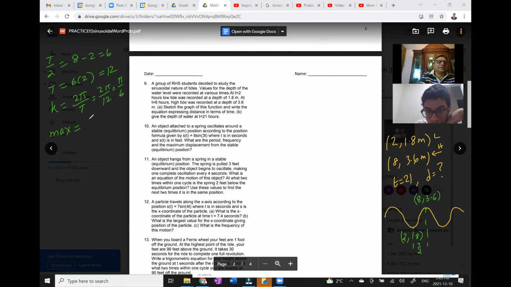Now we have a maximum of 3.6, minimum of 1.8. So the average, which is the axis, is basically add them up and divide by 2. How much do you get?